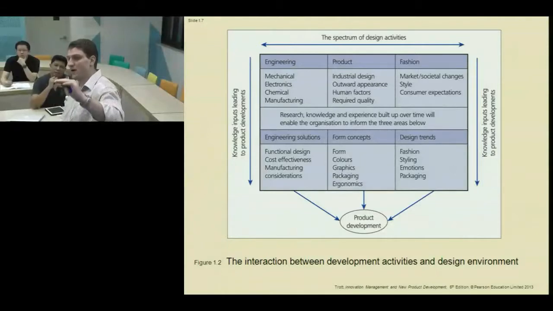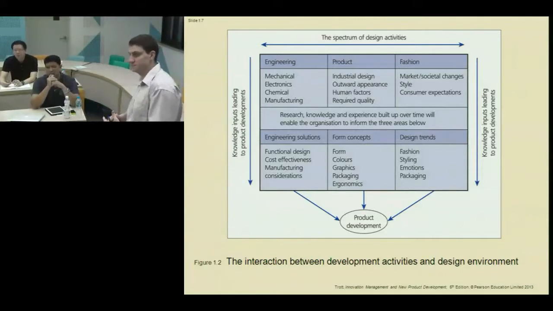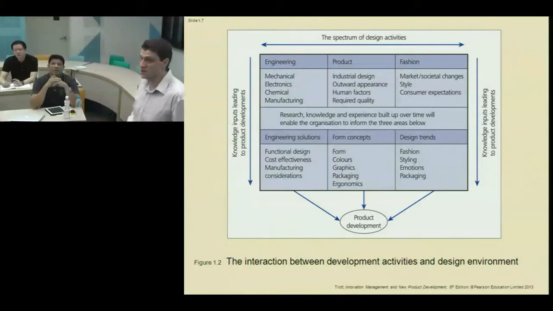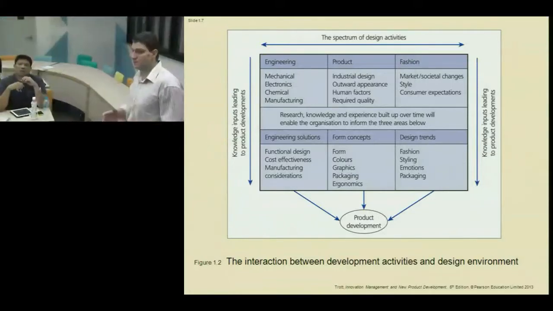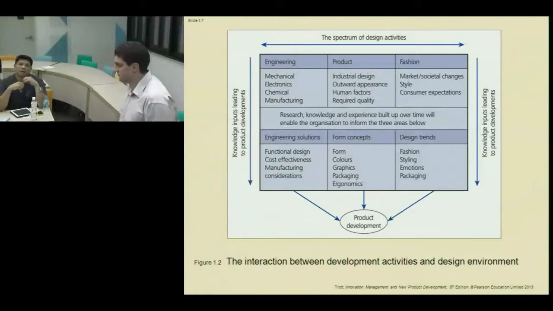In the middle we have research, knowledge, and experience built up over time. That's the knowledge asset, what we call, that enables the organization to inform and develop engineering solutions, form concepts, and design trends.